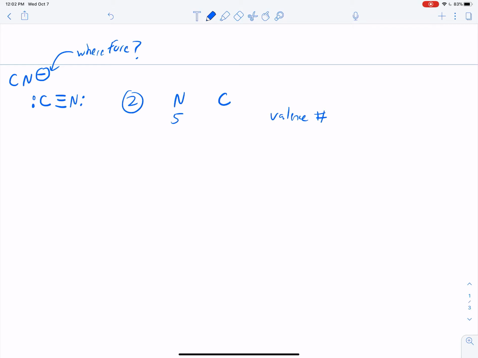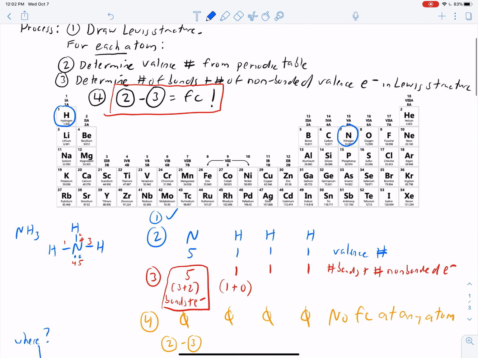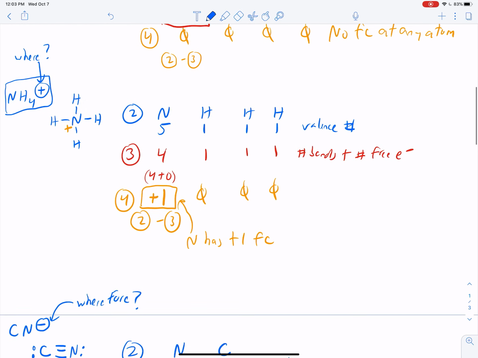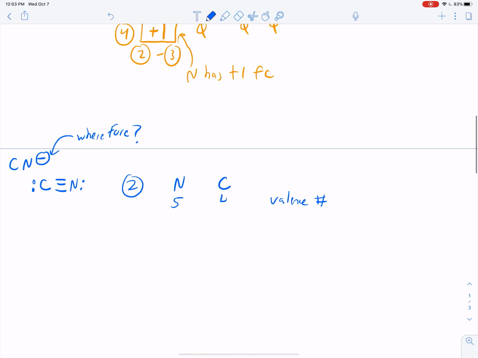I'm going to scroll up real quick to look up the valence number of carbon. So carbon up here on the periodic table. Here we are. This has the 2s2 2p2 valence configuration, and so that has 4 valence electrons. So there we are.